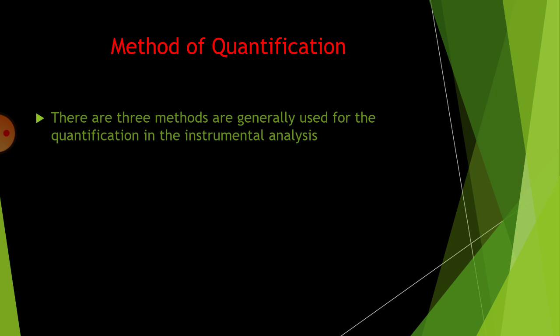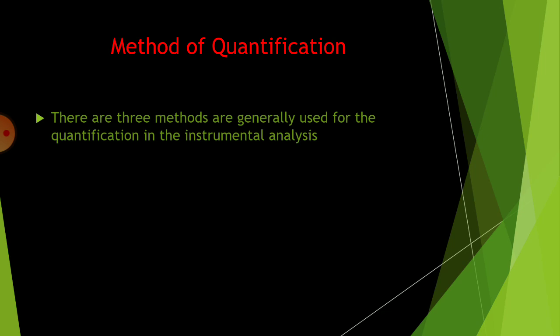In the last video, we discussed the major components of FES, their principles, and how they work in the FES. Now, in this video, we will see the actual application of FES, how the FES can be used for quantitative analysis of an unknown sample. It's also called a method of quantification.